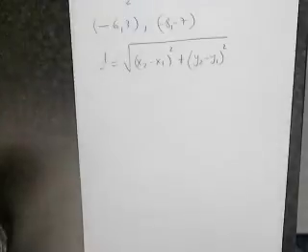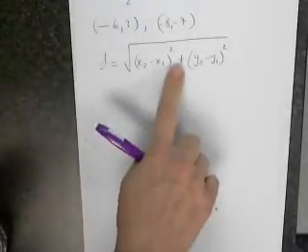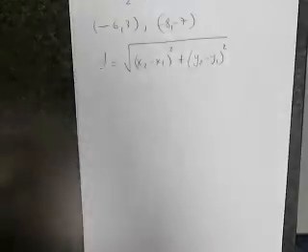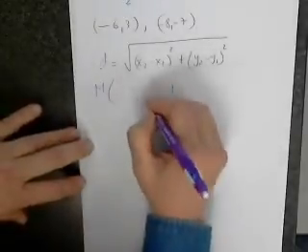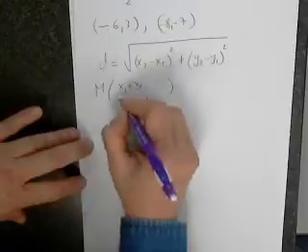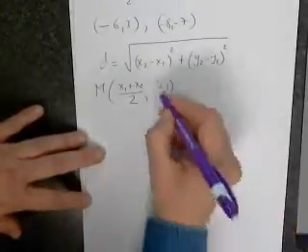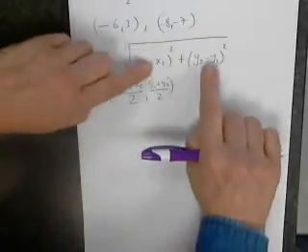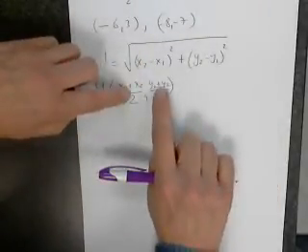And remember, it cannot be separated, because you cannot separate a sum under the square root, just a product or a ratio. The midpoint is (x1 plus x2) over 2 and (y1 plus y2) over 2. So this is with minus, this was with plus.